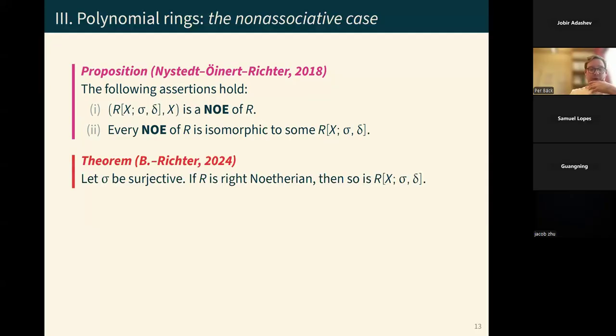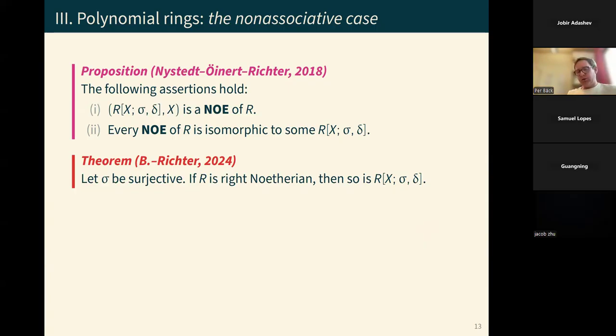Turns out you can still prove a Hilbert's basis theorem. So recall that this map sigma does not have to be an endomorphism anymore, just an additive map. And if this map is surjective, then you can lift the property of being right Noetherian to the corresponding Ore extension.